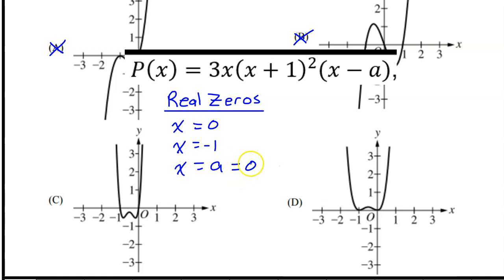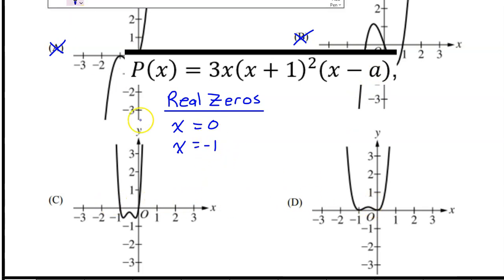It could be x equals 0. Or, obviously, it could be negative 1. So it could be one of these. So it might not be a third real 0. In fact, we sort of know that the a has to be one of these two, because looking at our remaining choices, C and D only have the 2 real zeros.